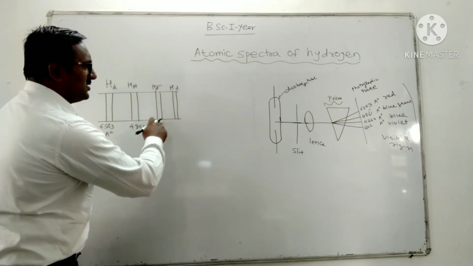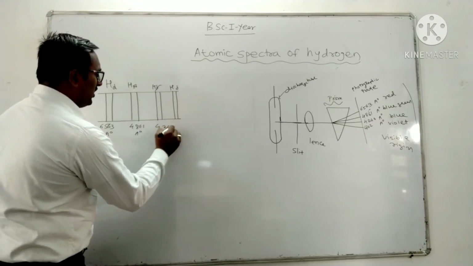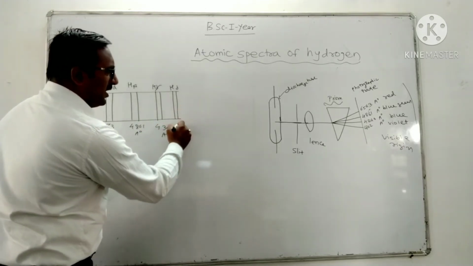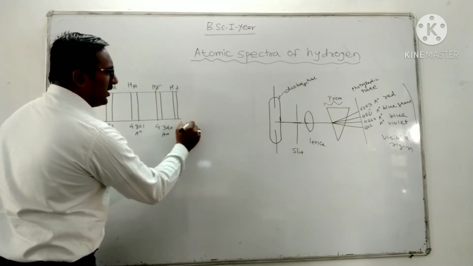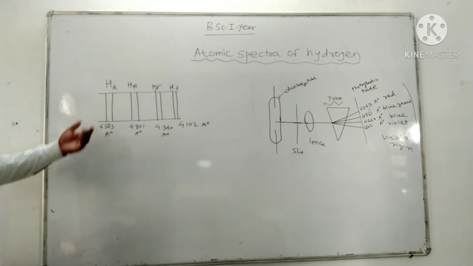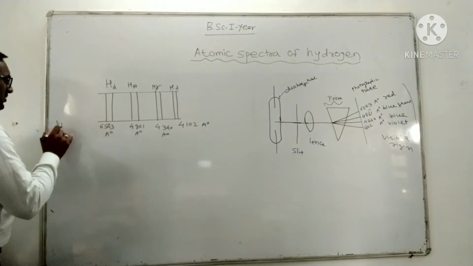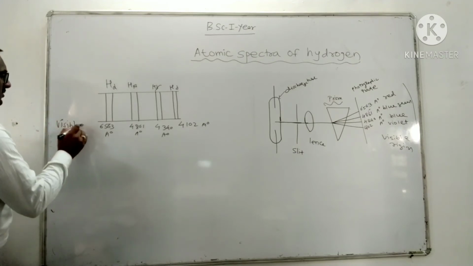Then H gamma is in the range of 4340 Angstrom unit, and H delta is in the range of 4102 Angstrom unit. So the bands H alpha, H beta, H gamma are observed in the visible region.